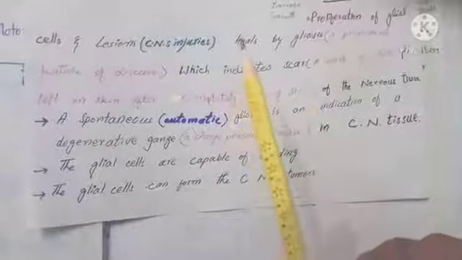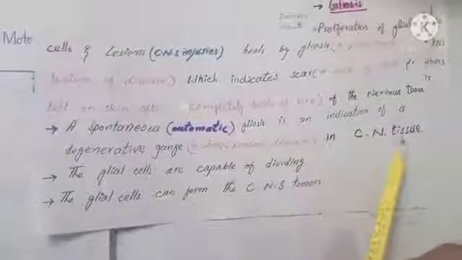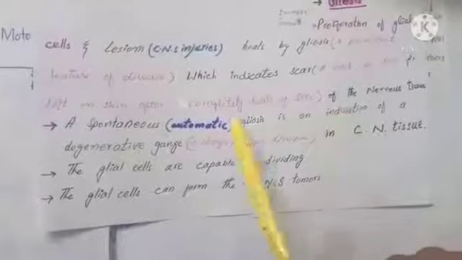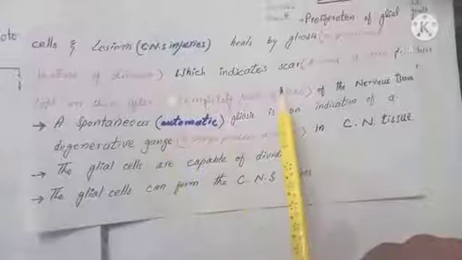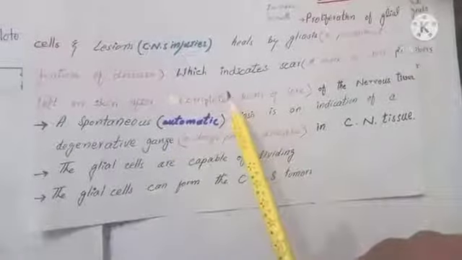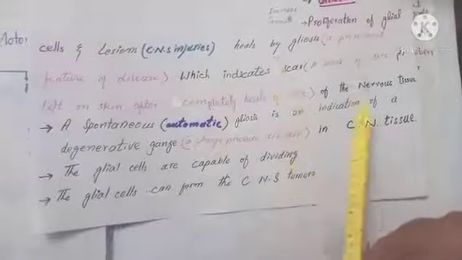A spontaneous gliosis indicates a degenerative change in the CNS tissue, the nervous system tissue. Spontaneous means automatic glial cells. They produce changes which continue diseases in the CNS.